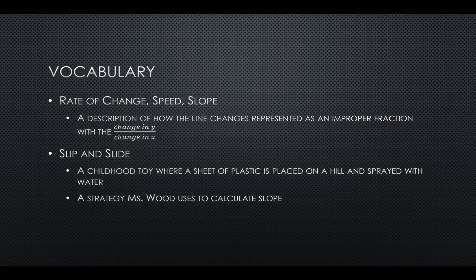And what is this thing you call rate of change or speed or slope? Well, slope is the description of how the line changes, represented as an improper fraction. So the next blank that you should have is an improper fraction with the change in y over the change in x.